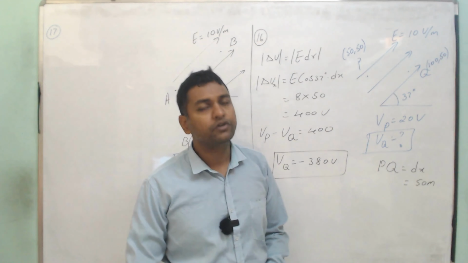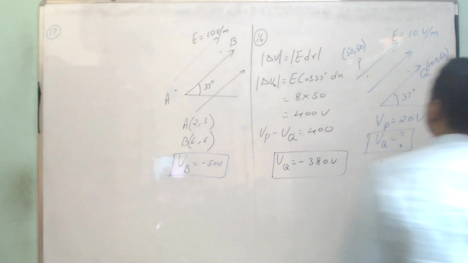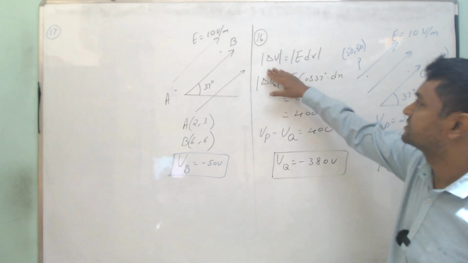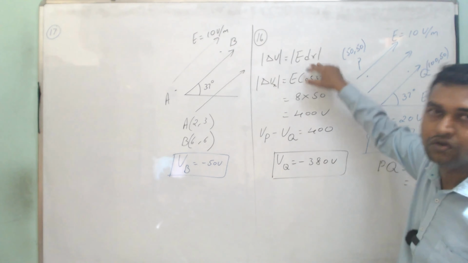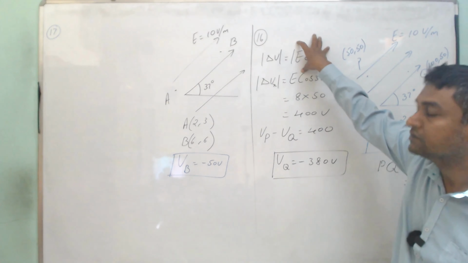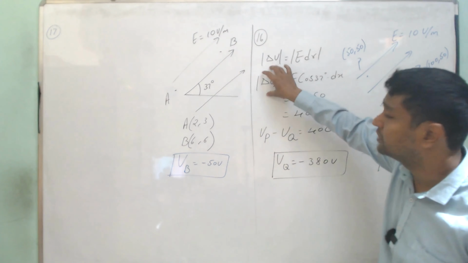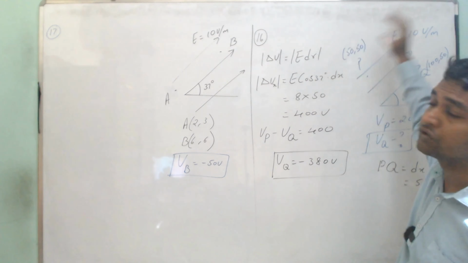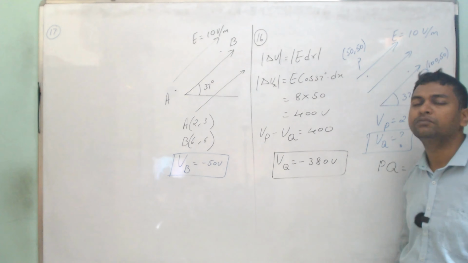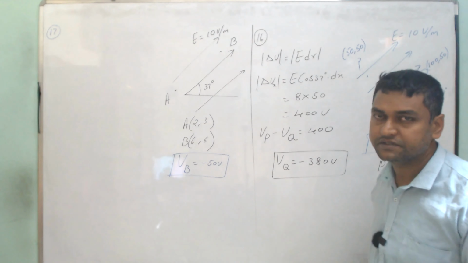The component of electric field parallel to x-axis is simply E cos 37 degree. So, anyways, I know the potential difference is equal to electric field into distance. But here, even though it is given in terms of coordinates, we know that the line PQ is parallel to x-axis.